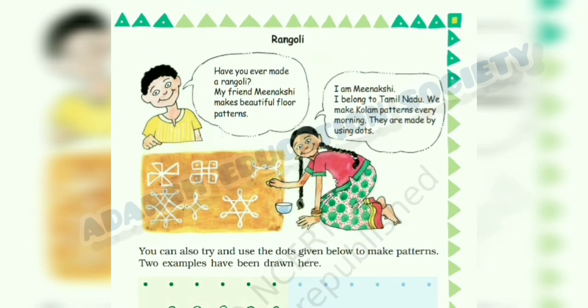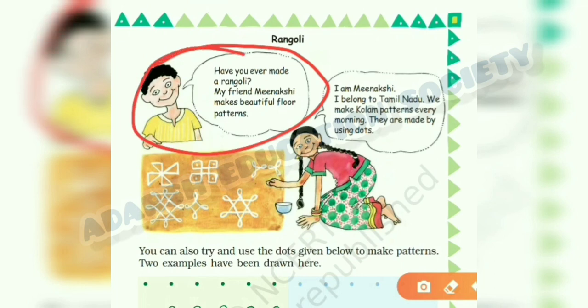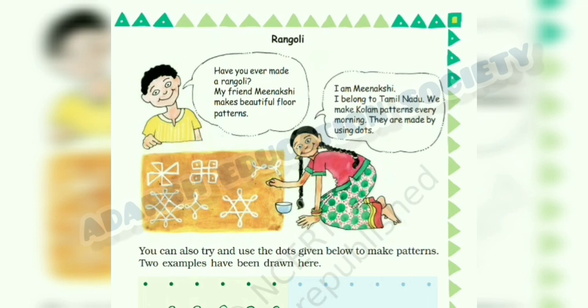Now here this boy is asking the questions. Have you ever made a rangoli? My friend Meenakshi makes beautiful flower patterns. Here this boy told us her friend Meenakshi makes beautiful flower patterns.